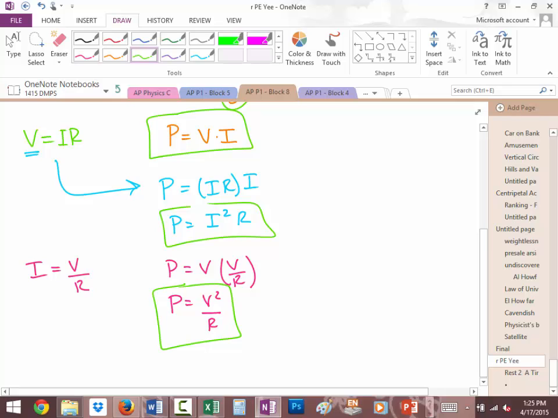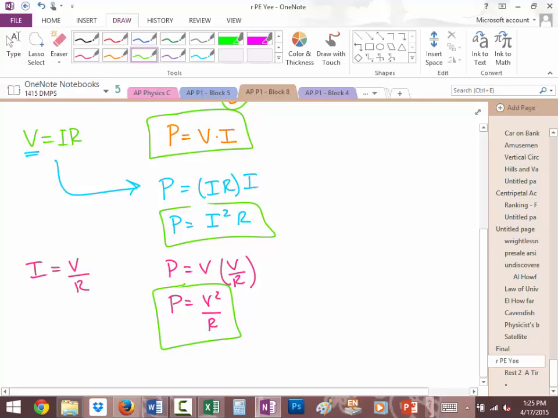They're just nice to be aware of, depending on what information you're given. If you're given resistance and current, then using that middle one is going to be a whole lot easier than having to find the voltage first. But you could go back and find the voltage first and then use the top one, and that's okay too.